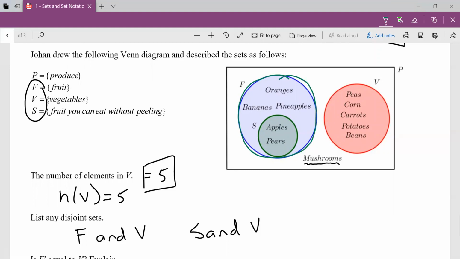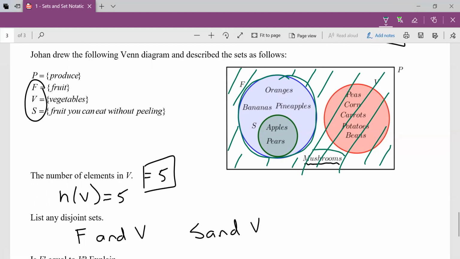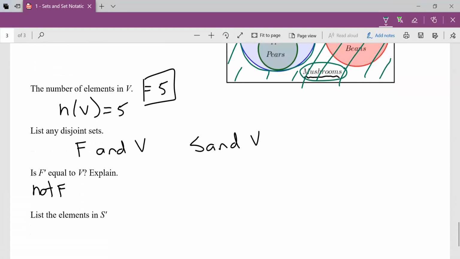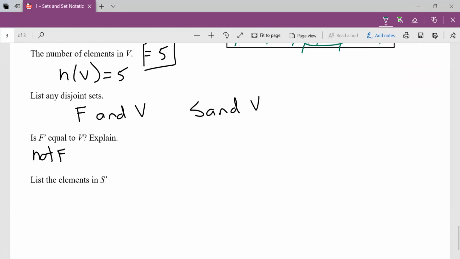But I want not F. So not F is everything on the outside of it, like that, everything in that shading there. So is not F equal to V? No, because of Johan's dislike for mushrooms, or likes mushrooms, I don't know. So no, we're missing the mushrooms.